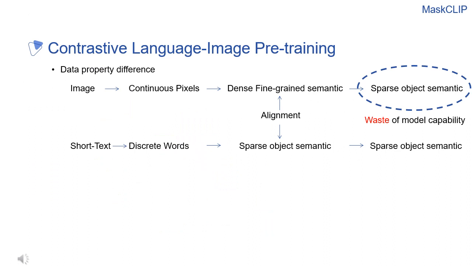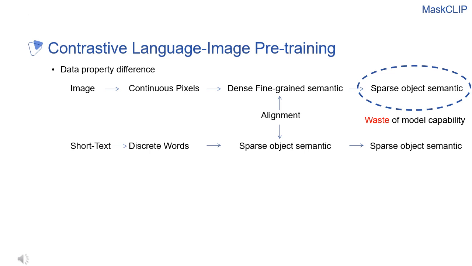However, CLIP is far from perfect. It views the image and text equally and uses a simple contrastive loss to align them. Such a simple operation ignores the data property difference between image and text. We think the image is continuous pixel signals which contain dense fine-grained semantic information.